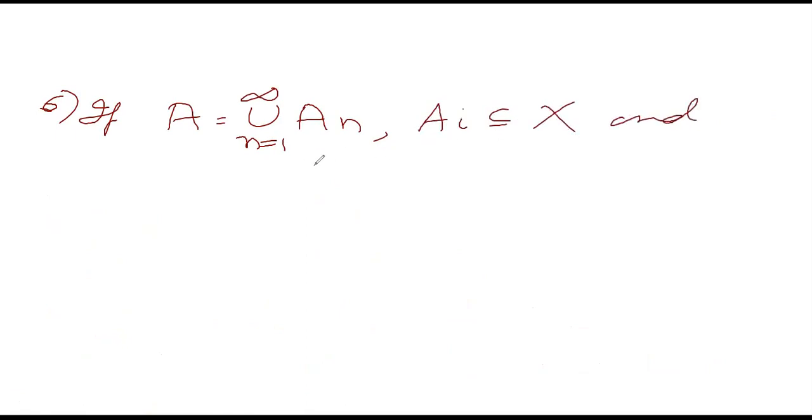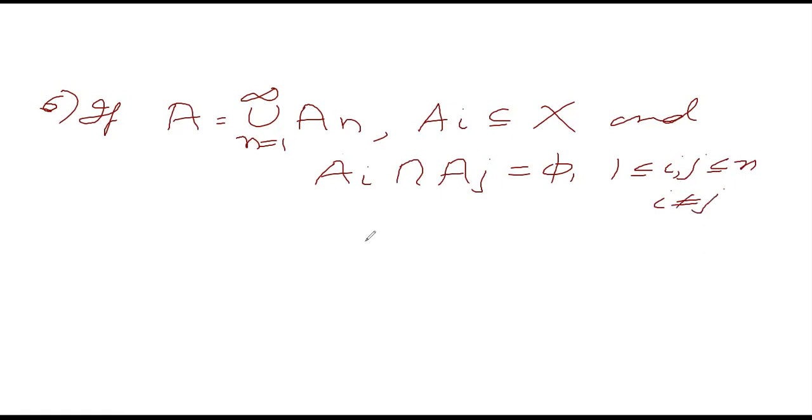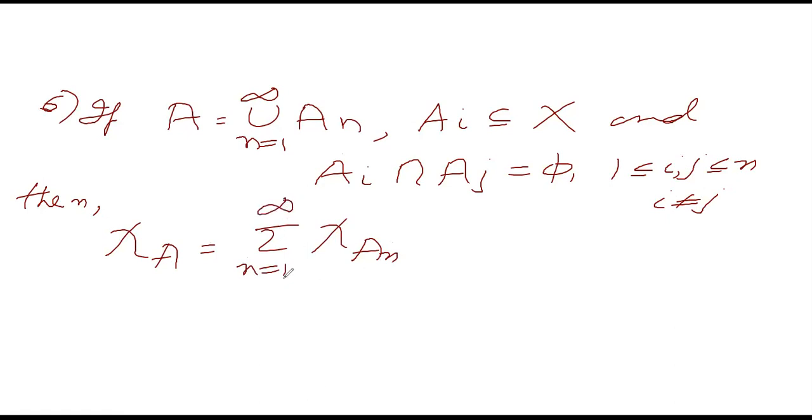If A is equal to the union of A n, where n runs from 1 to infinity, where these A i are all subsets of X, and A i intersection A j is empty for 1 less or equal to i, j less or equal to n and i not equal to j, then if A is this union, chi of A is equal to the summation of chi of A n, n runs from 1 to infinity. So these are the properties of the characteristic function.